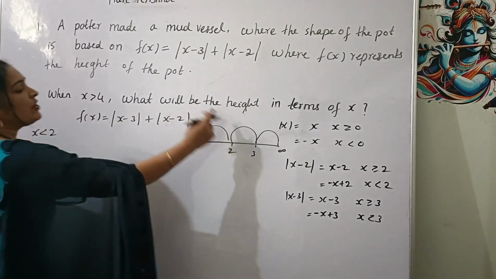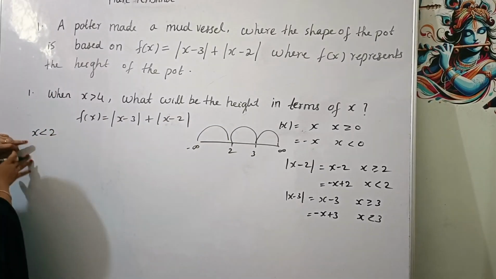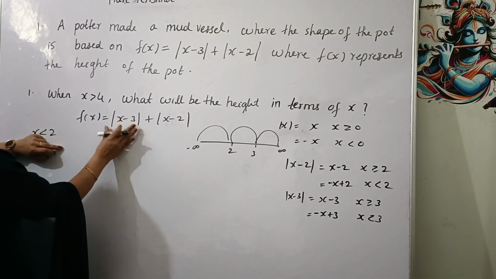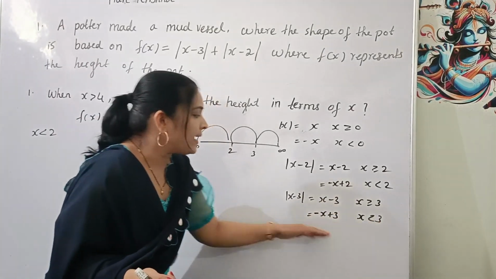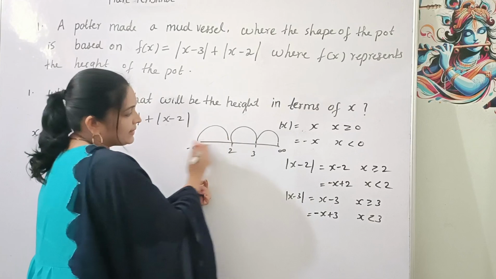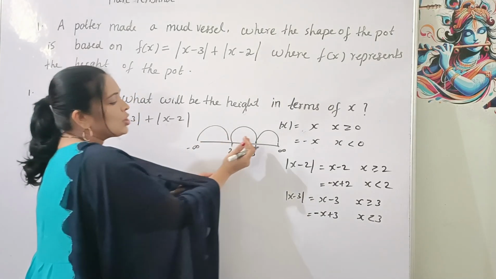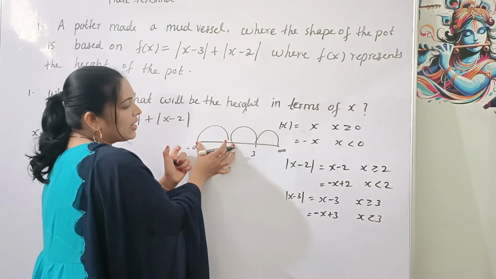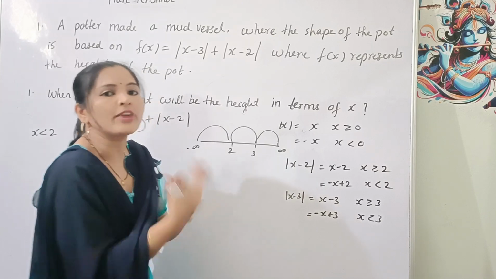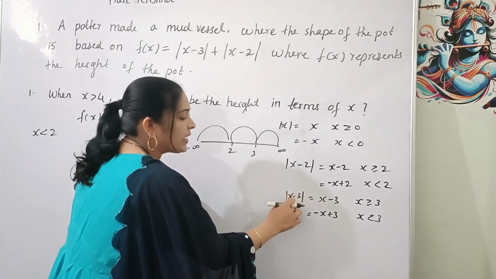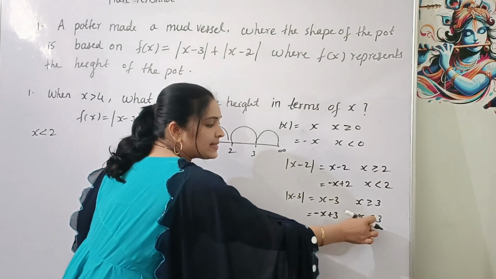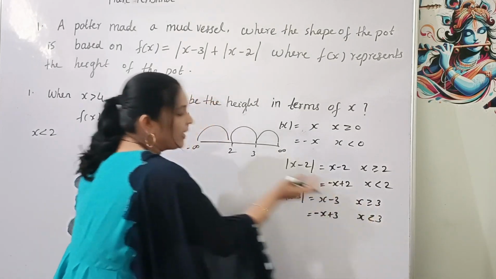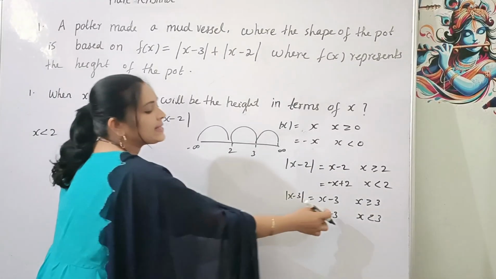When minus infinity to 2, that is x less than 2, what is |x - 3|? Here, when x is less than 3, |x - 3| is equal to minus x plus 3. So when x is less than 2, the function is minus x plus 3.